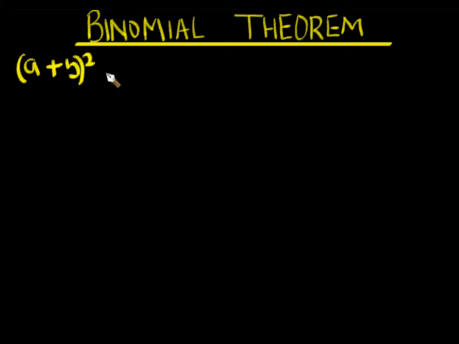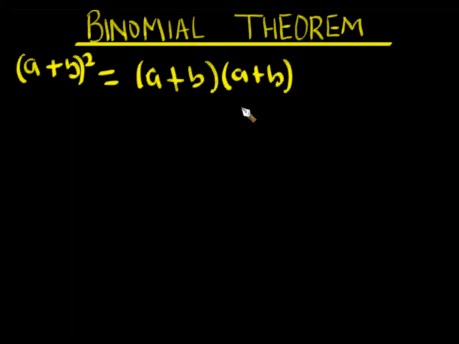We would simply have (a + b) multiplied by (a + b). That is what it's going to be, right?